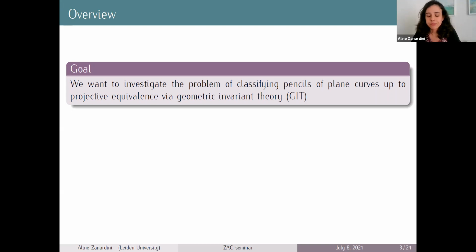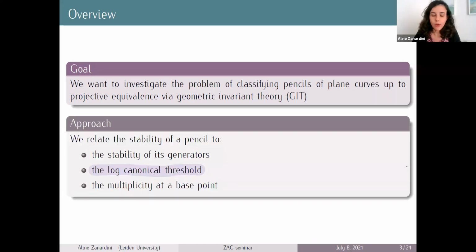And what I'm suggesting is the following approach. The idea will be to obtain criteria in terms of these 3 bullet points. It turns out that we can relate the stability of a pencil to the stability of the curves that lie in the pencil.